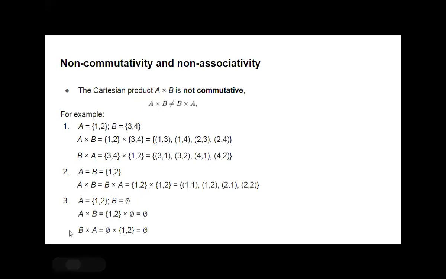Okay, now another exceptional case we can see here is A equal to {1, 2} and B is ϕ. ϕ means what? Empty set. We have seen empty set. A is {1, 2} and B is ϕ. Then what will there be? A Cartesian product B, that is A cross B, will be {1, 2} cross ϕ, and the answer will be ϕ.